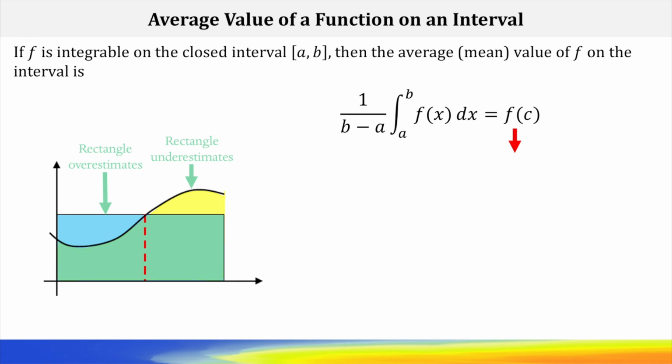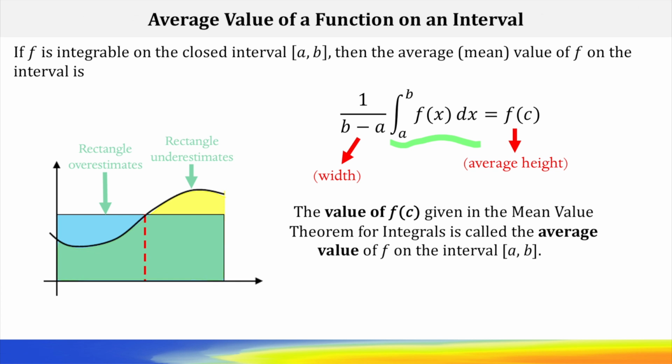In other words, the average height of the function you can find by taking the area under the curve and dividing it by the width of the interval. The value f of c, given in the mean value theorem for integrals, is called the average value of f on the interval [a, b].